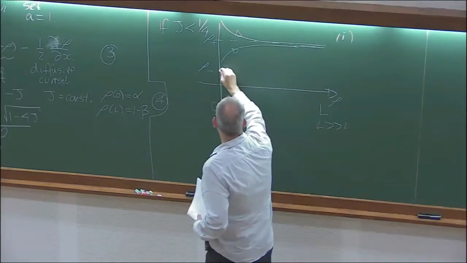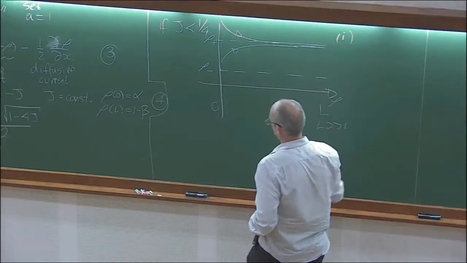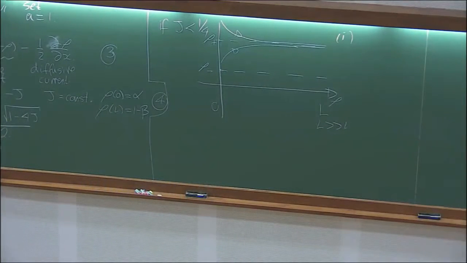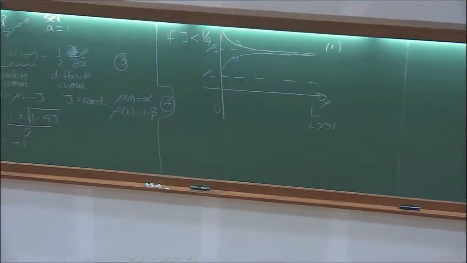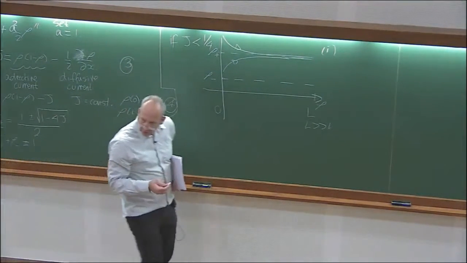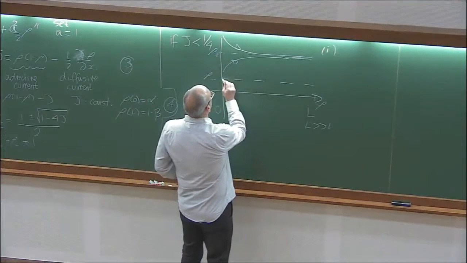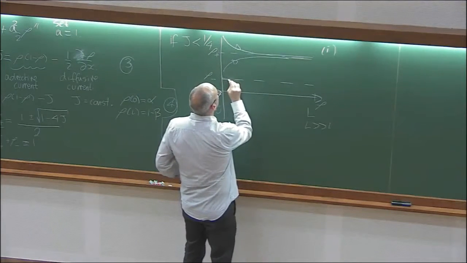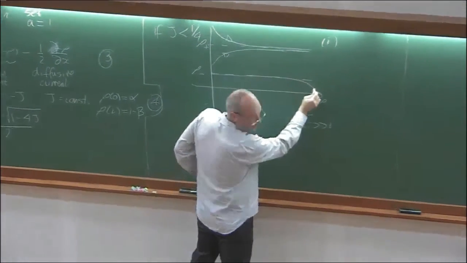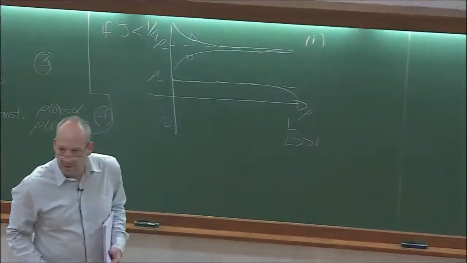Similarly for rho minus, if I start below rho minus, then rho dash is negative. So actually, it can work. What I've got to do, though, is start very, very close to rho minus, and then I will iterate away eventually. So the solution looks like that.